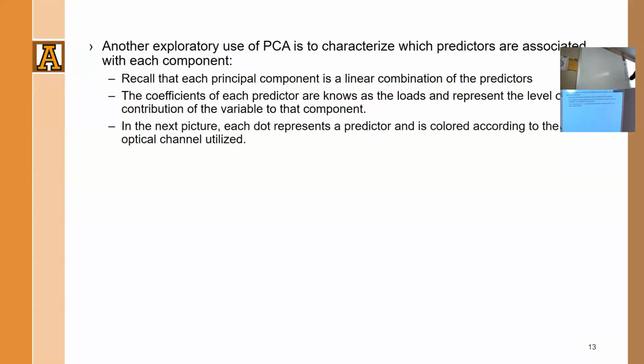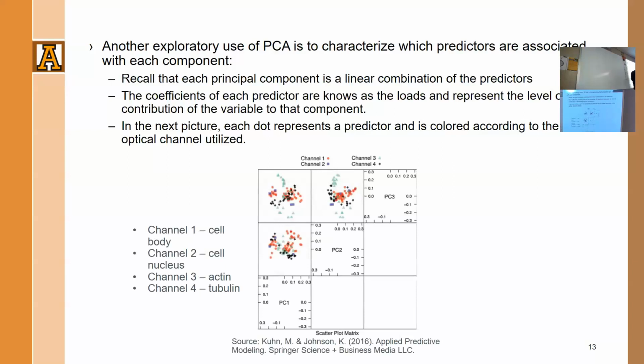Let me look at the graph here. For example, here, this is the scatter plot, and the red are the channel 1 cell body. Then channel 2 is the blue, channel 3 is the green, and channel 4 is the black. You can see, for example, that this is principal component 1, then 2 and 3.